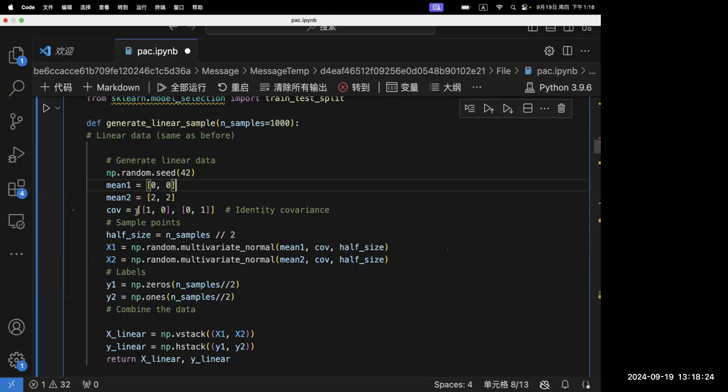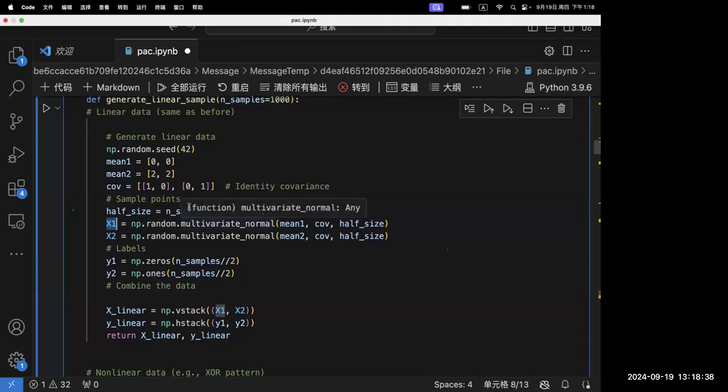If the diagonal of the covariance matrix is equal to 1, it means it is identity covariance. And we know that this group of x1 is sampled from this distribution. For the second distribution, its mean value becomes 2 and 2, but the covariance remains the same. And we know that the second group of empirical observations is sampled from this distribution.